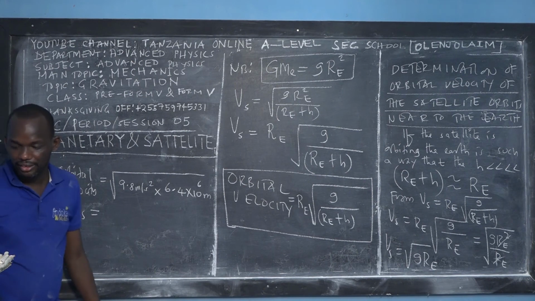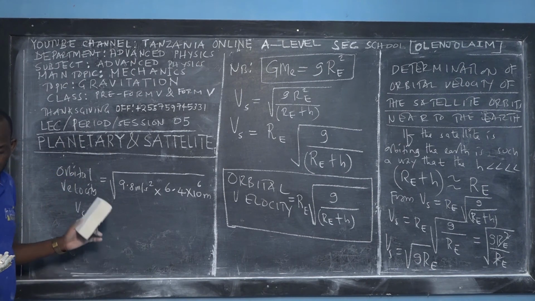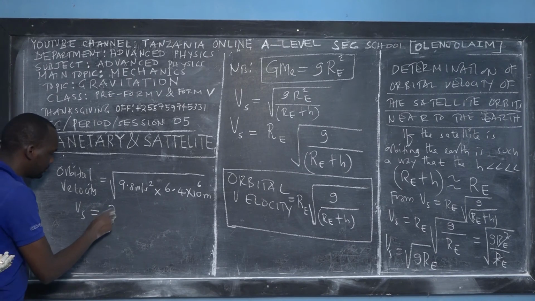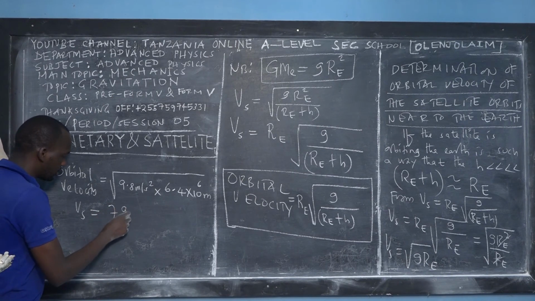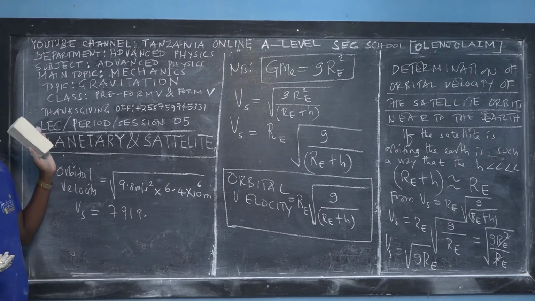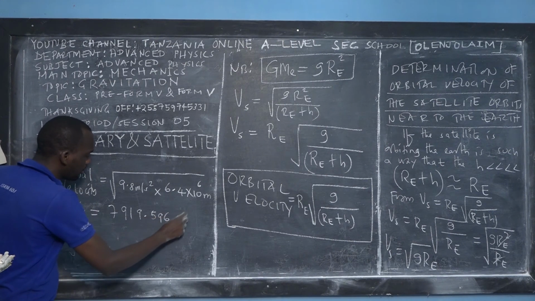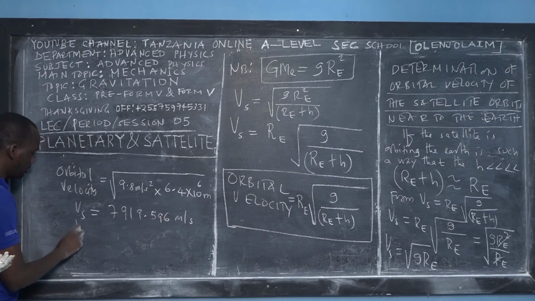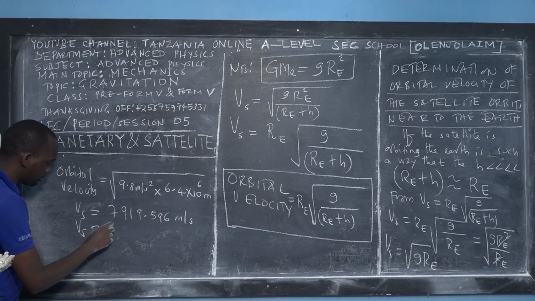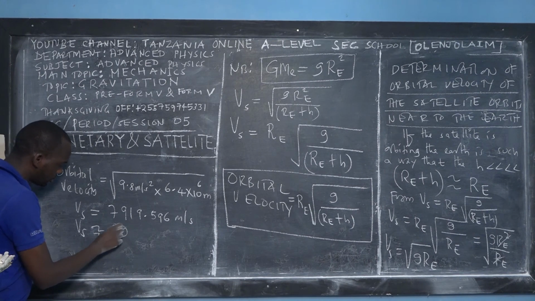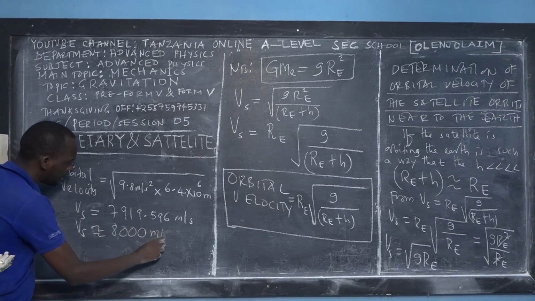If you multiply these two quantities, you'll find that it is 7,919.596 meters per second. In physics we approximate this as 8,000 meters per second, right?